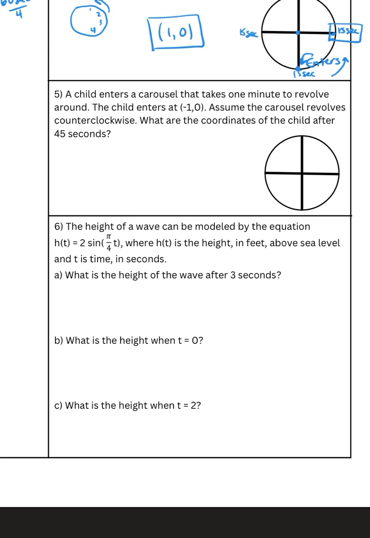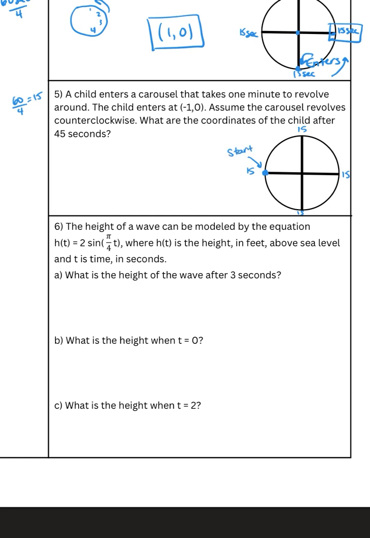The child enters a carousel that takes 1 minute to revolve around. So 1 minute is 60 seconds. So 60 divided by 4 is 15. So every quarter turn is 15 seconds. The child enters at -1, 0. So that is here. So this is where we start.